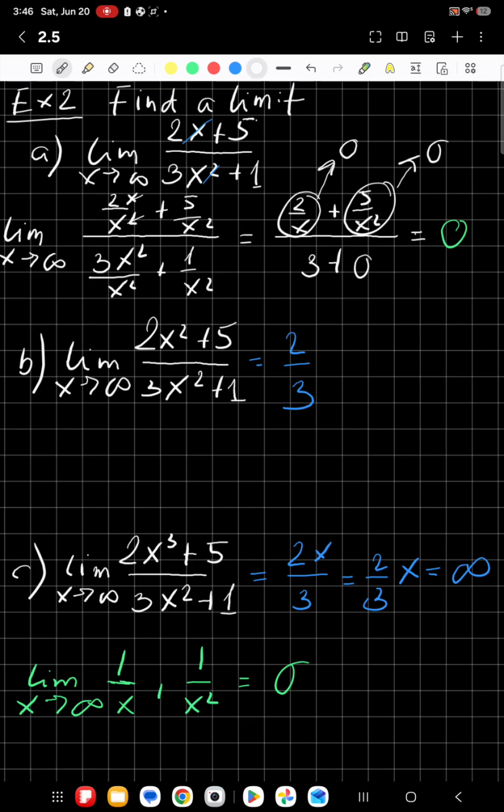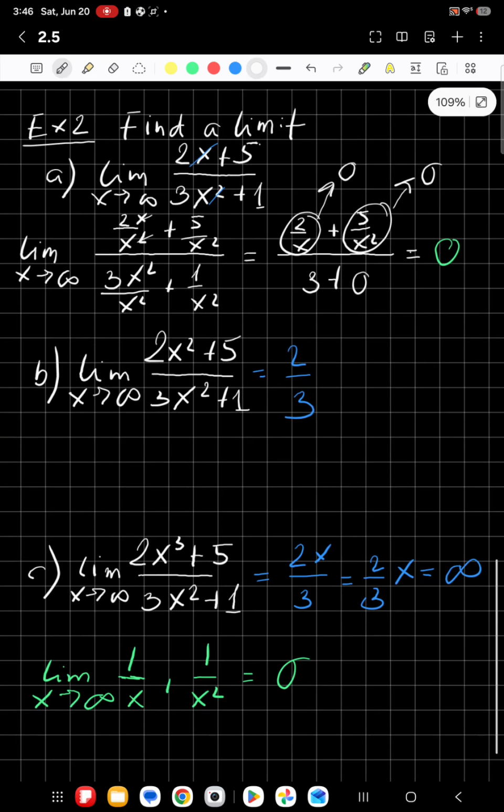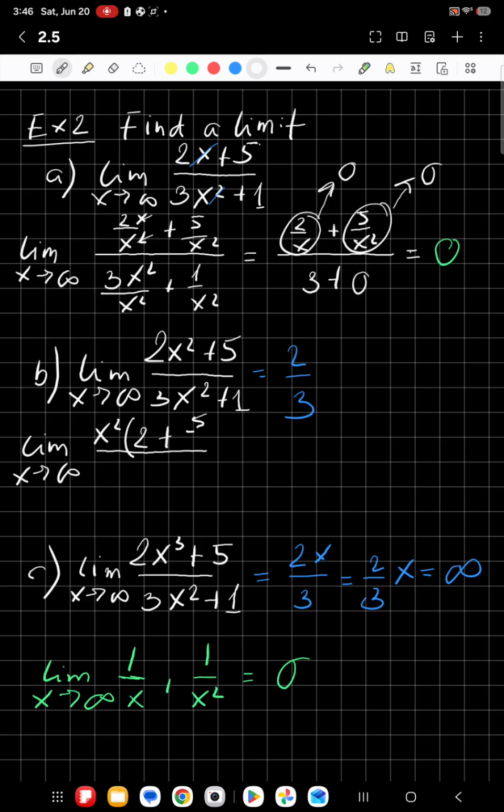And we can use the same technique here at the bottom. Maybe let's do it with a different algebraic technique. Instead of dividing everything by x squared, I will factor x squared out. It's basically the same thing, just slightly different. With x approaching infinity, I'll factor x squared out. Maybe it's easier to understand. So the top will be 2 plus 5 over x squared.